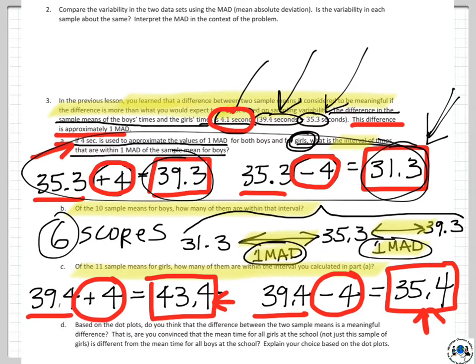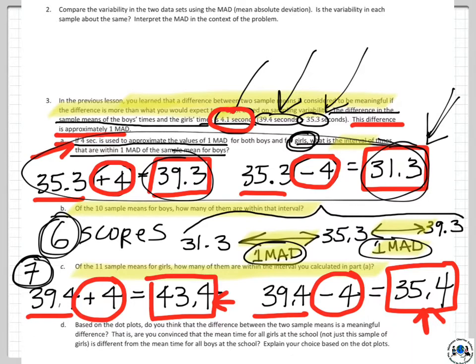This is the answer to C actually. It looks like 7 of those sample means for girls were within 1 MAD of the mean. So 6 for the boys, 7 for the girls.